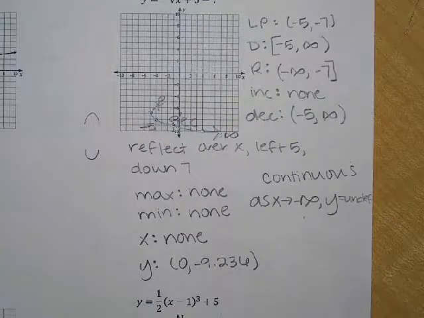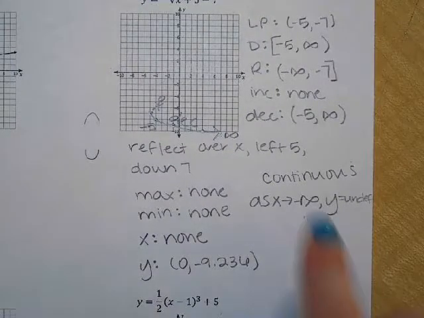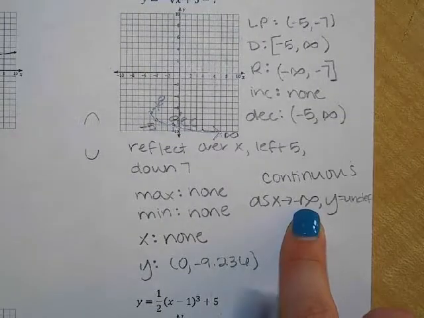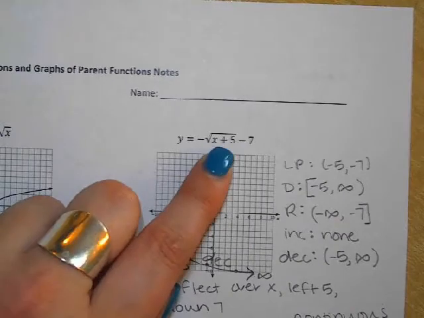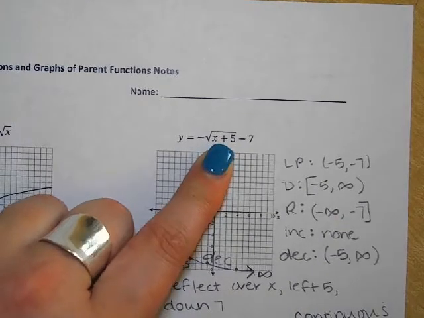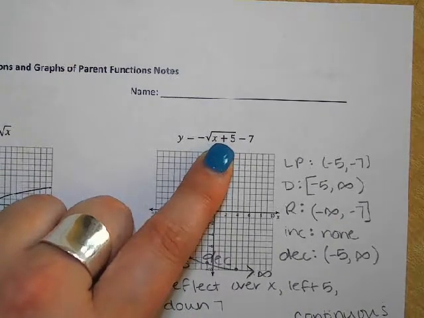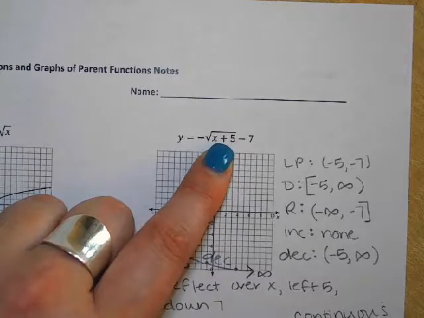It stops. So we can't say what happens when you plug in a very big negative number. If I plug in like negative 1,000,000, what's negative 1,000,000 plus 5?